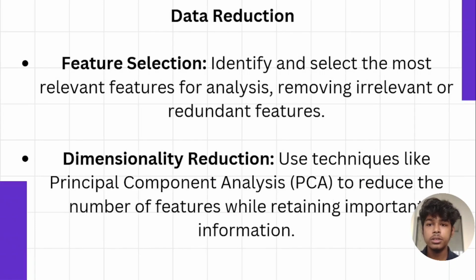Data reduction. In this, we will be evaluating the data, and based on the data we will be selecting features or making features to identify relevant features for analysis and remove irrelevant or redundant features.